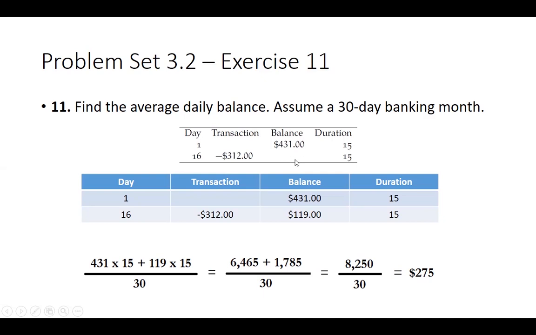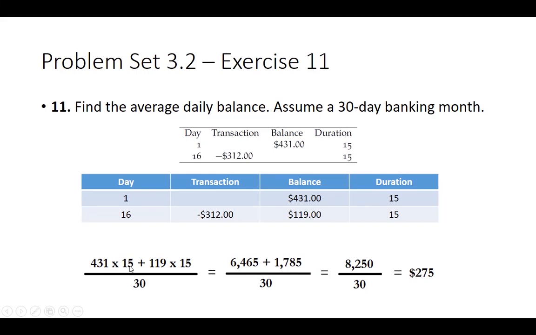We need to complete the table. We need to know what the balance was for those second 15 days. 431 minus 312 gives us $119. So for 15 days, it was $431. For 15 days, it was $119.